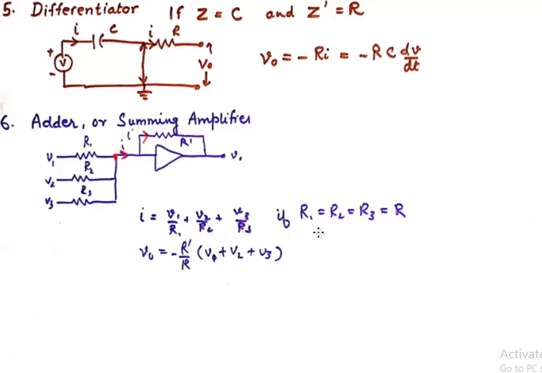Now if R1, R2, R3 are all equivalent to R, then we get the total output voltage to be equivalent to minus R dash upon R, times V1 plus V2 plus V3. So this acts as a summing amplifier. So again, very simple operation. Again, this operation is understood by the fact that the current I goes straight into this branch, or the concept of virtual ground, no current goes here.